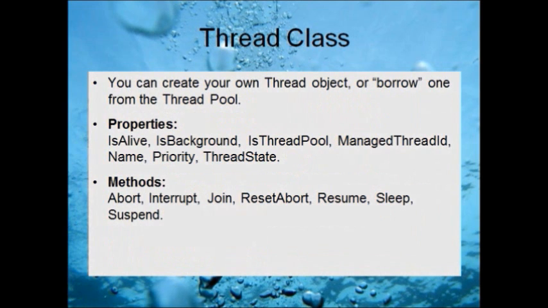Thread class. You can create your own thread object or borrow one from the thread pool. Properties: IsAlive, IsBackground, IsThreadPoolThread, ManagedThreadId, Name, Priority, ThreadState. Methods: Abort, Interrupt, Join, ResetAbort, Resume, Sleep, and Suspend.